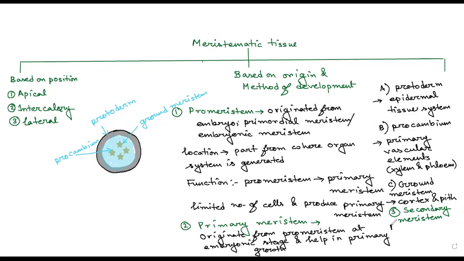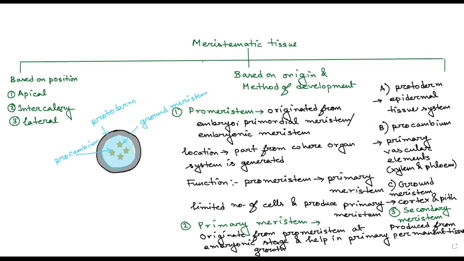They are produced from permanent tissue. The way primary meristem is produced from promeristem, they don't have such facility. So secondary meristem is something which does not have any godfather. It is directly originated from permanent tissue.